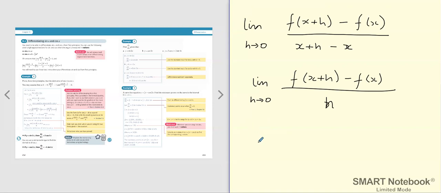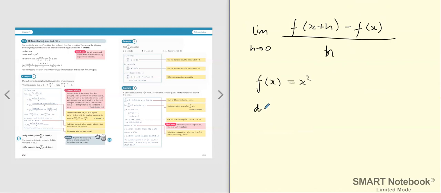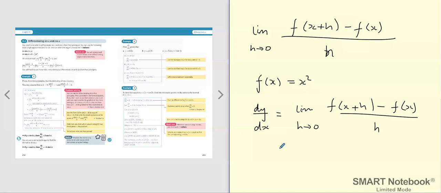If we think about f of x as being x squared, and I wanted to differentiate this from first principles, dy by dx equals the limit as h tends to 0 of f of x plus h minus f of x over h. Now, how's this going to work?